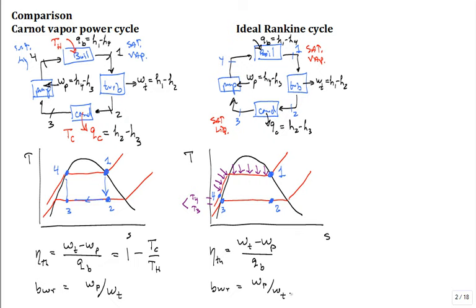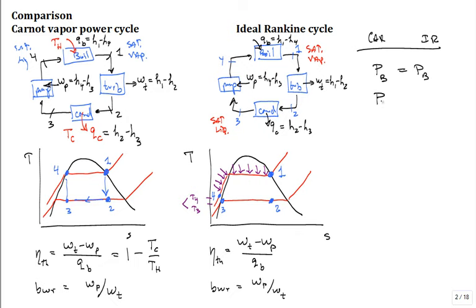So one of the things I like to do at this point is compare the Carnot with the ideal Rankine. If we're going to compare things, let's not change boiler pressures. Let's compare them where they both have 8 megapascal boiler pressures, or 10 megapascal, something, but they're the same pressure.